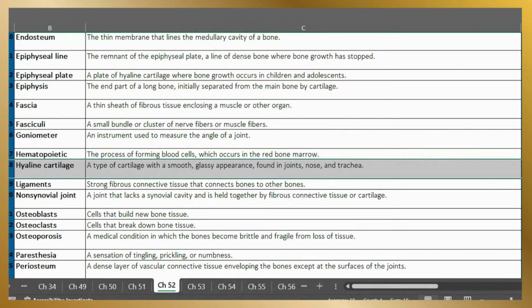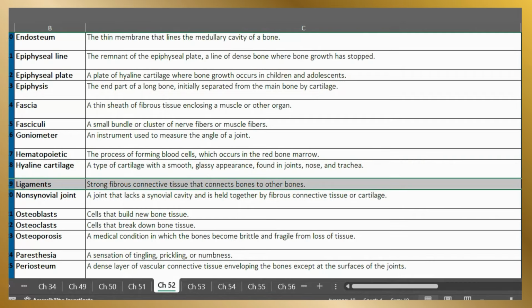Hyaline cartilage is translucent cartilage at the joint surface. It's a type of cartilage with a smooth, glossy appearance found in joints, nose, and trachea. So hyaline, it's like glossy, smooth joint cartilage.